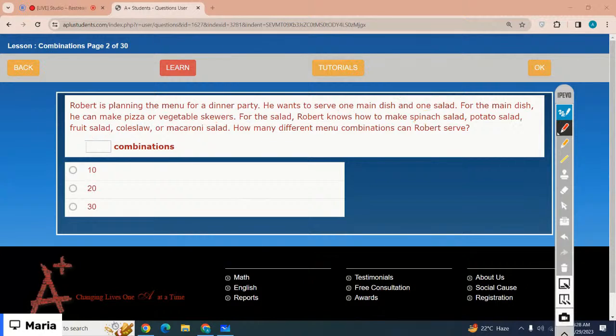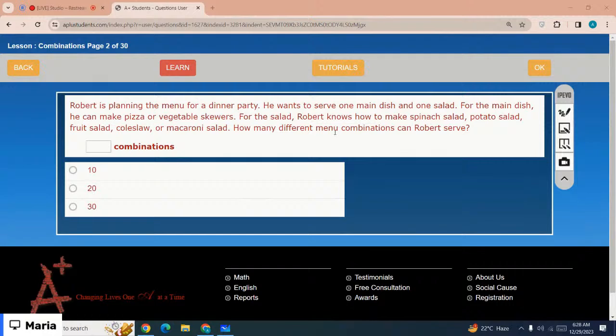Yes, the correct option is 10. Very good. The correct option is 10.